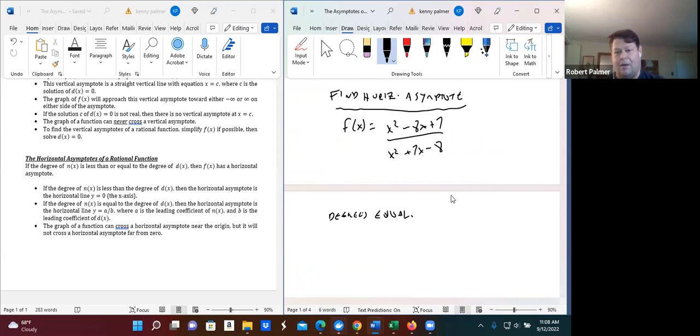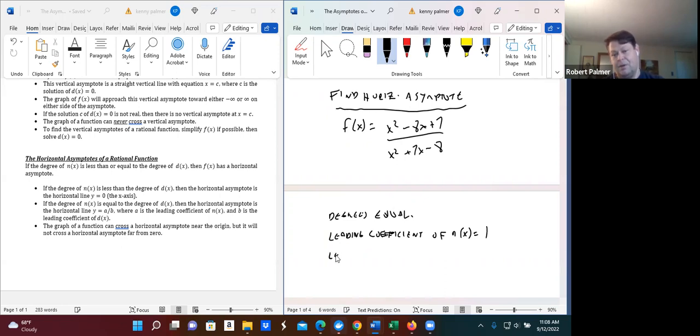Okay. Now, so the leading coefficient, let me make sure I remember to spell coefficients, 2 F's. Yes. Of n of x, the numerator, is equal to 1. Okay.